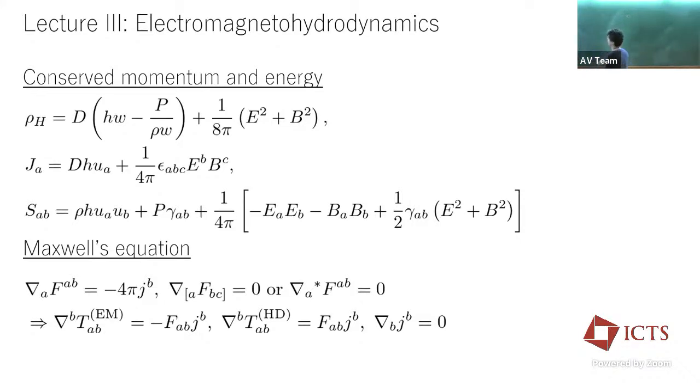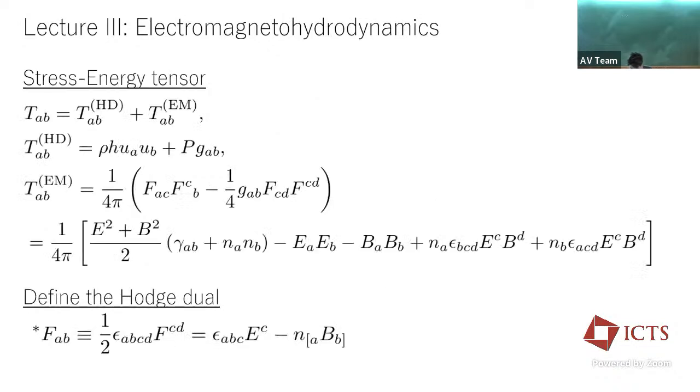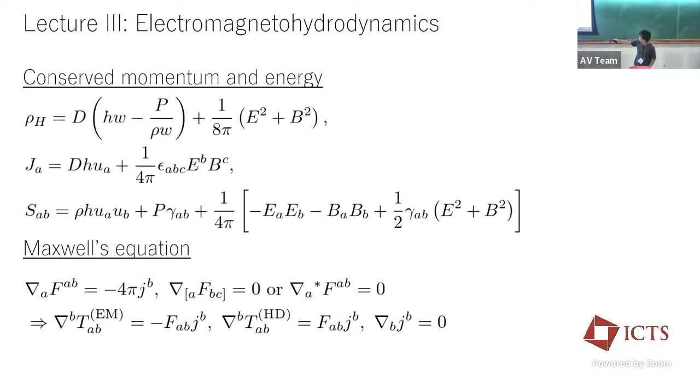The hydro part we derived yesterday. The EM part here is just the contraction by n_a and n_b, and the first term disappears. So anyway, if you contract n_a and n_b in these equations, you get these terms, right?